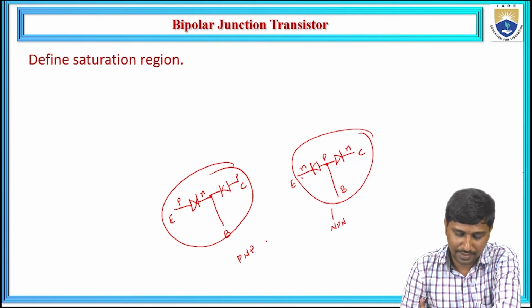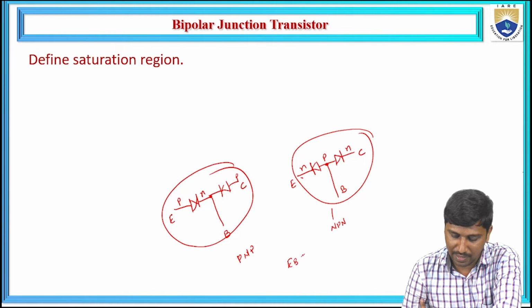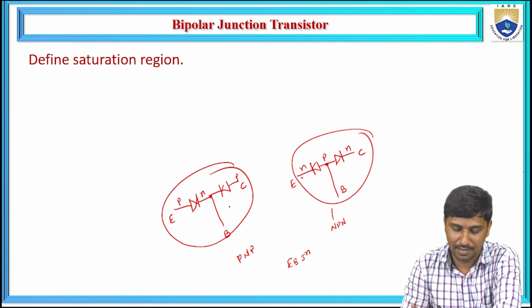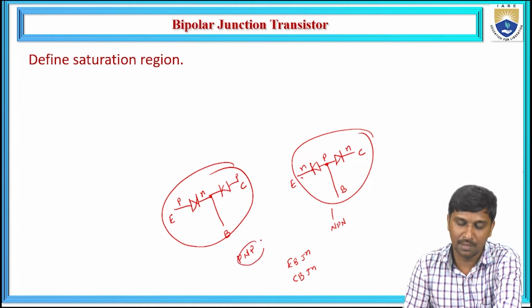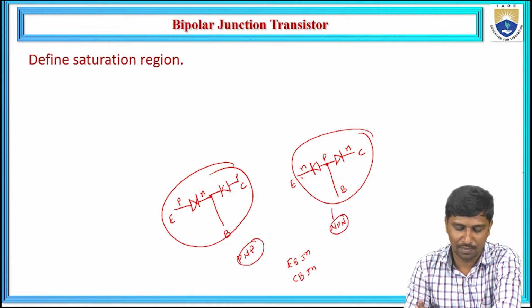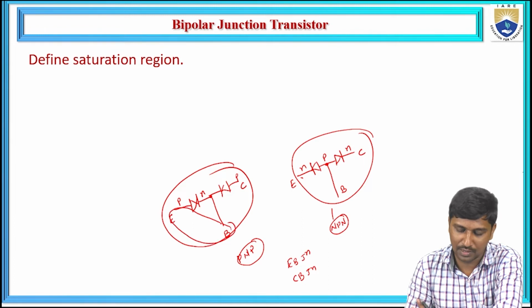Now we have two junctions: one is the emitter base junction, another one is the collector base junction. Whether it is a PNP transistor or an NPN transistor, we have these two junctions.